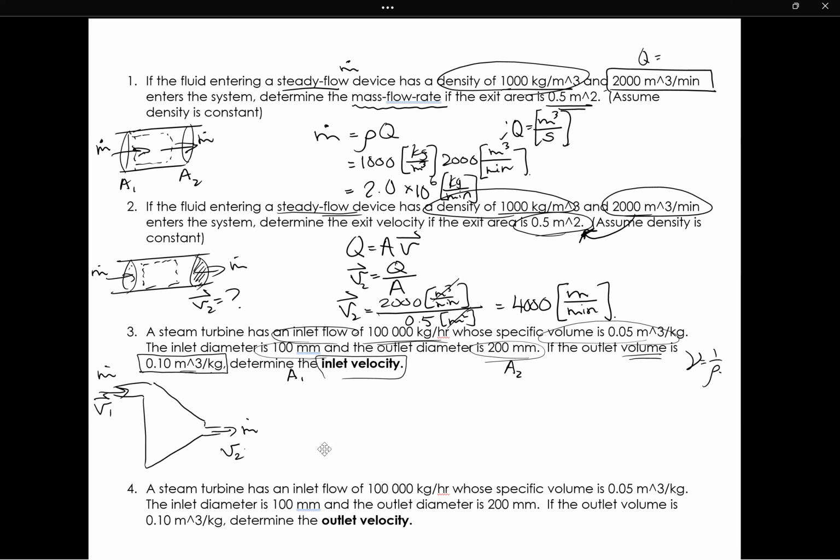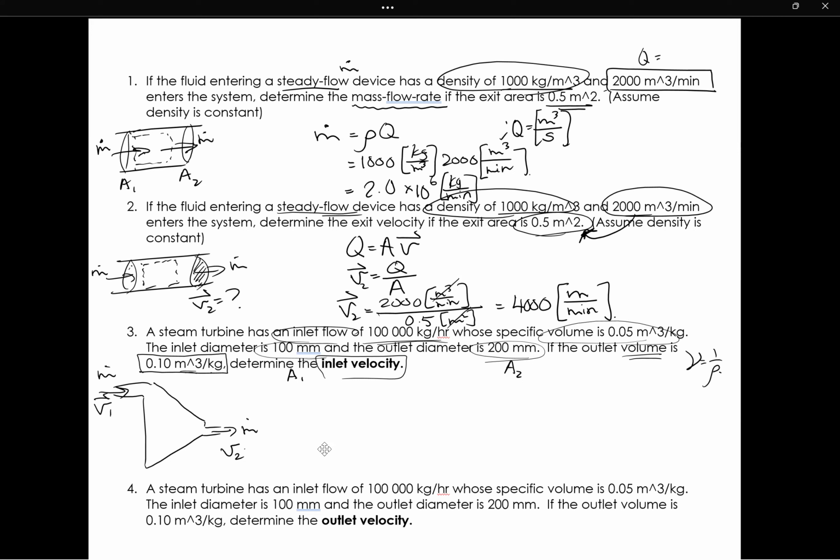And I don't need to use the entire first law energy balance. I can recognize that what matters here is my velocity, and I can relate my mass flow rate to the velocity all at the inlet.